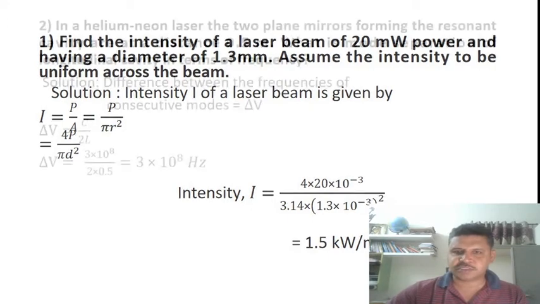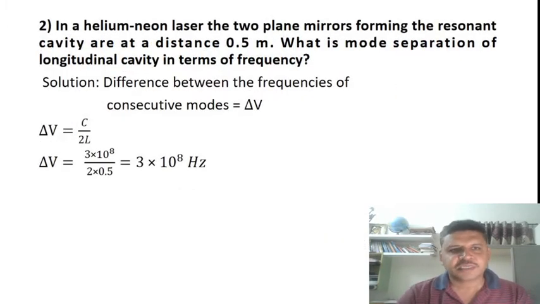So next is: in a helium neon laser, the two plane mirrors forming the resonant cavity are at a distance of 0.5 meter. What is the mode separation of the longitudinal cavity in terms of frequencies? So it is a very good problem.